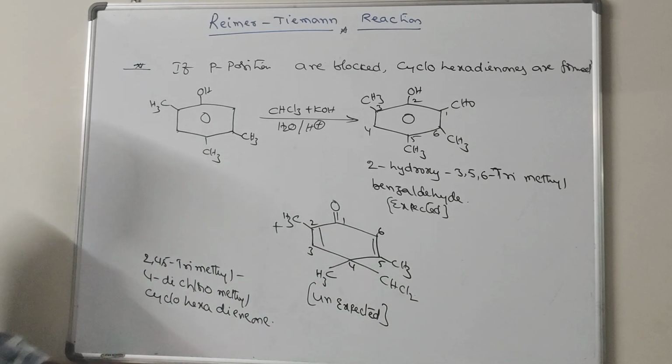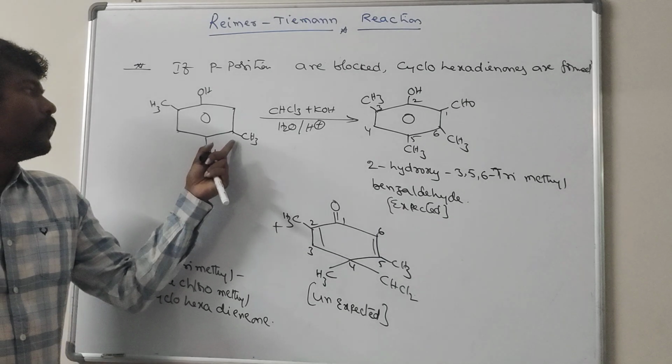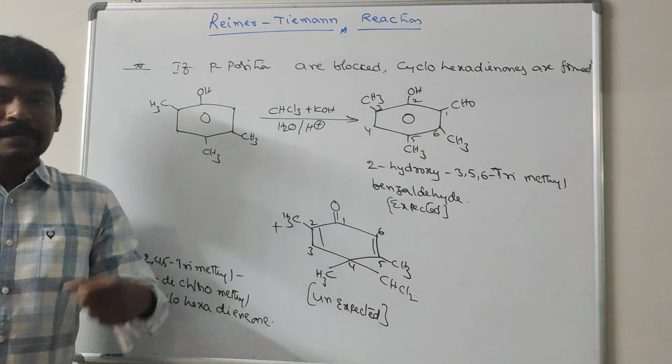This is the major product. When the para position is blocked, the compound undergoes Reimer-Tiemann reaction to give this.